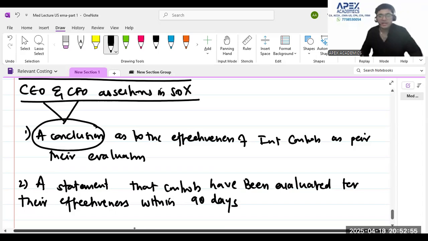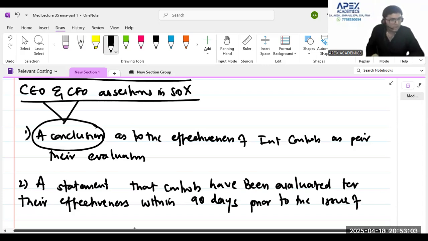Within how many days? Within 90 days prior to the issue of your annual report. Prior to the issue of what? Your annual report.